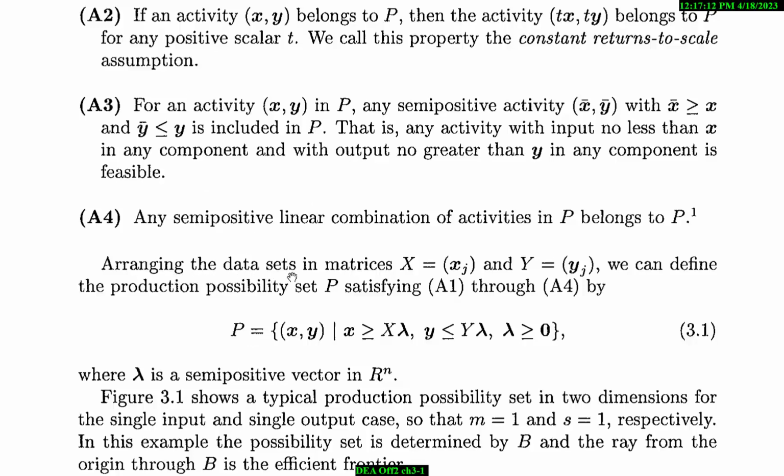Arranging the data sets in matrices X and Y, we can define the production possibility set P satisfying these conditions as you see in 3.1. Of course, this is the smallest set that satisfies these postulates.